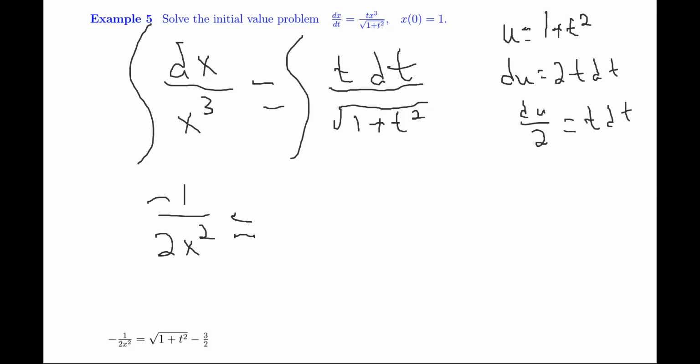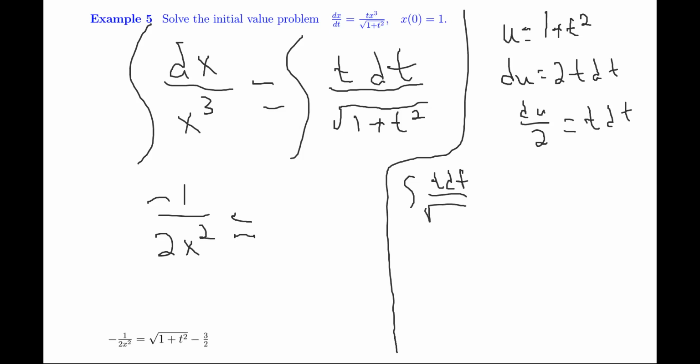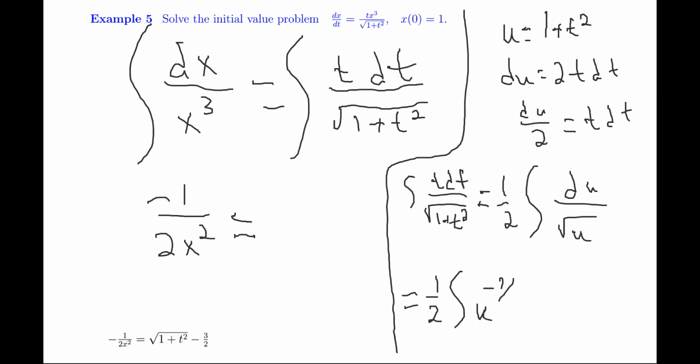So the integral of t dt over root 1 plus t squared is equal to 1/2 the integral of du over the square root of u, which is 1/2 the integral of u to the negative 1/2 du.